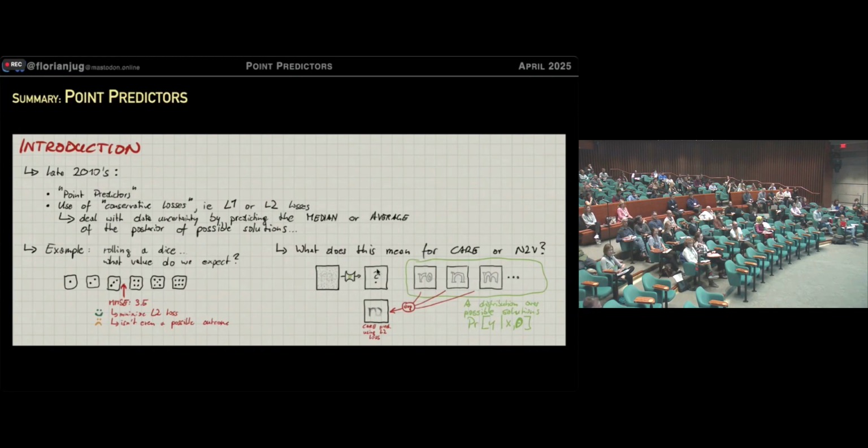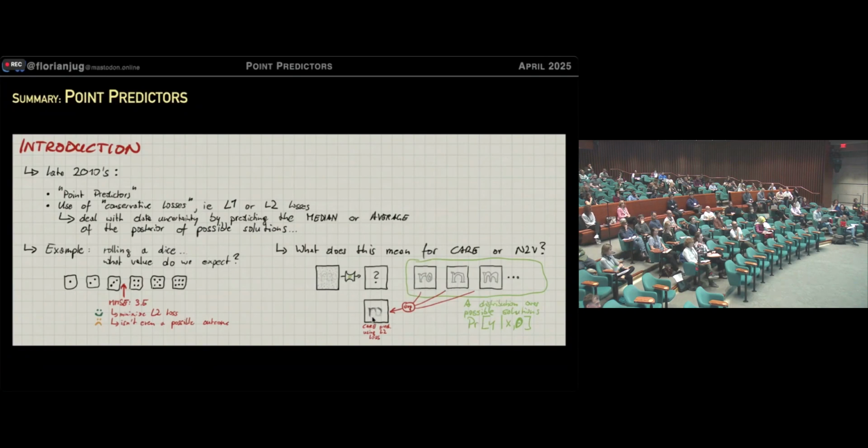And so the same thing happens with the denoising networks I showed you before. If there is uncertainty in the input, the network will give you something that is actually the average of all possible interpretations of the noisy input.